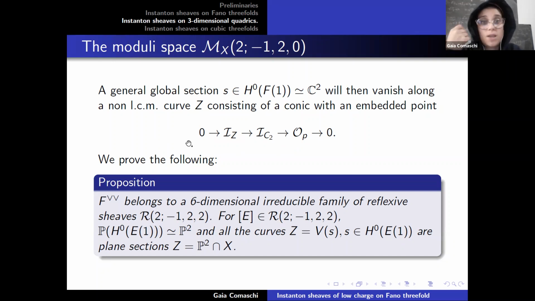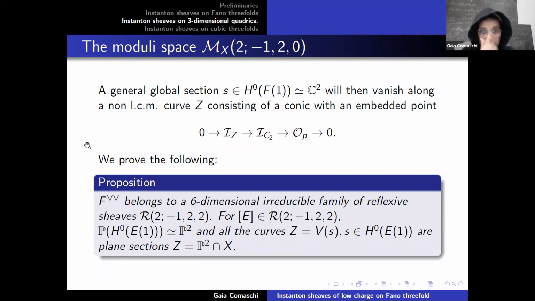This time we won't therefore have a locally Cohen-Macaulay curve, because Z is defined by this short exact sequence. We see that we have an embedded point, and once again the fact that we have a non-locally Cohen-Macaulay curve is what causes the instanton condition to fail.